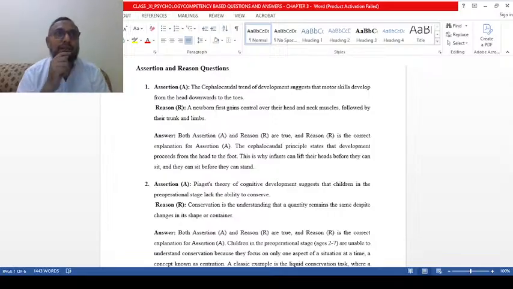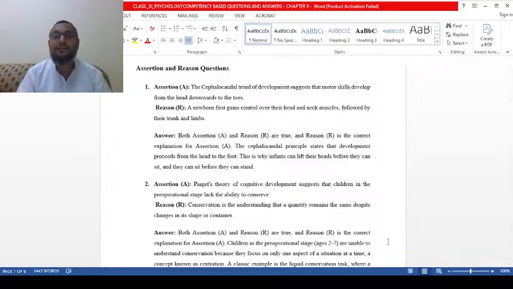So you need to understand here, the growth actually proceeds in two different ways. One is the cephalocaudal, from head to toes. The second one is proximo-distal, center to peripheries. So here the answer is both assertion and reason are true, and it is the correct explanation. So you see here, in the first question, both are true statements and there is a relation.